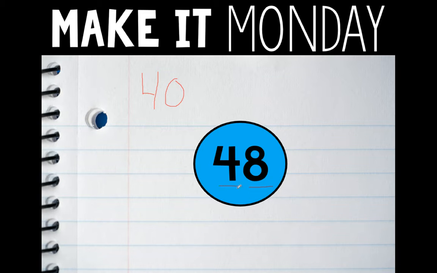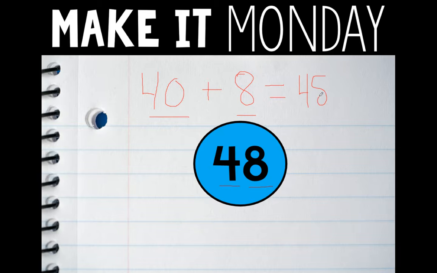So I have 4 tens, which equals 40, plus 8. 48. Remember when I taught you that? You write expanded form as you say the number out loud. 48. And you just make sure you add that adding operation there. So I know 40 plus 8 is 48.